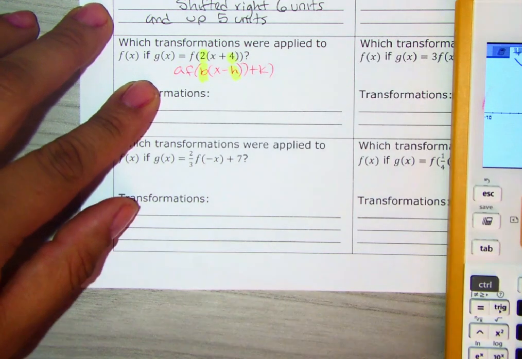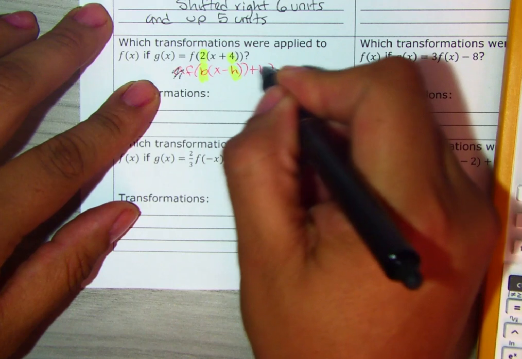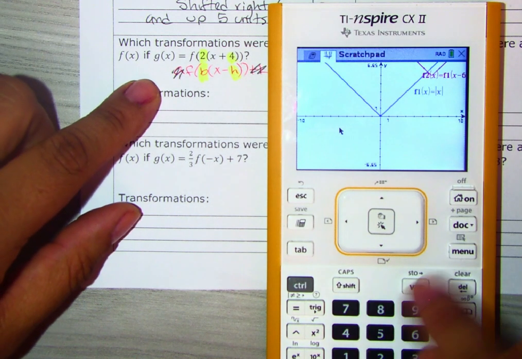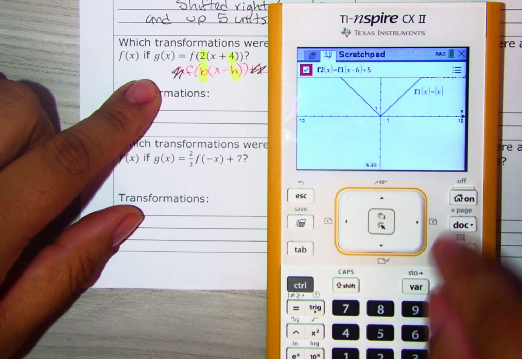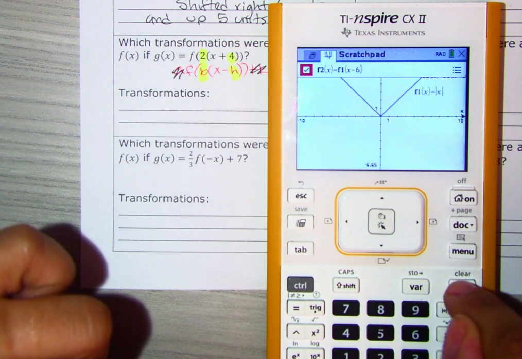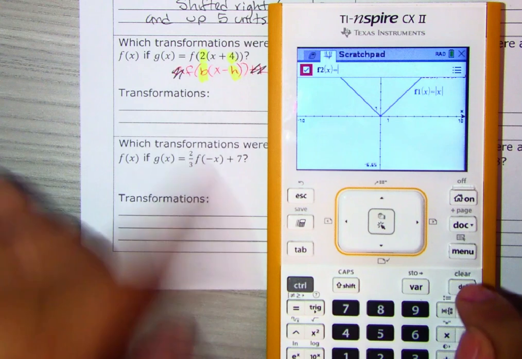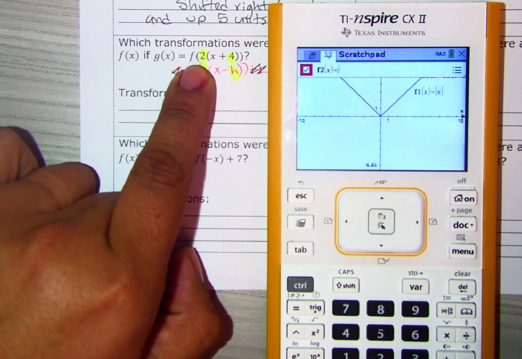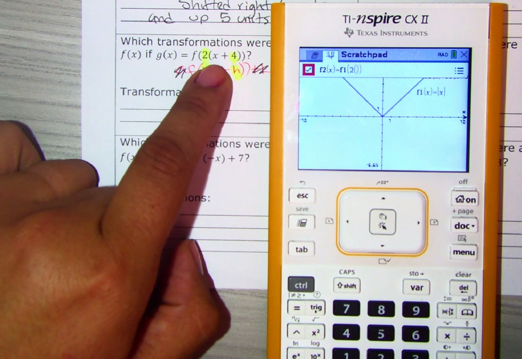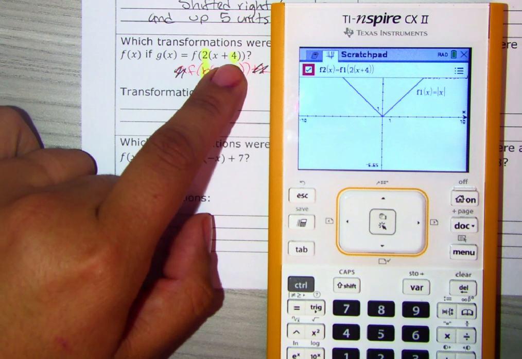So I'm not going to describe anything about the a or the k. All right, so now I'm going to press tab and edit that transformation that I had typed before and type the new one. So we're going to type f1 parentheses 2 parentheses x plus 4 and close it and press enter.